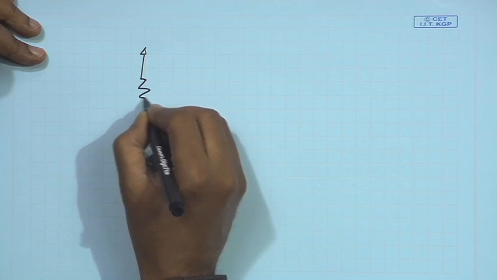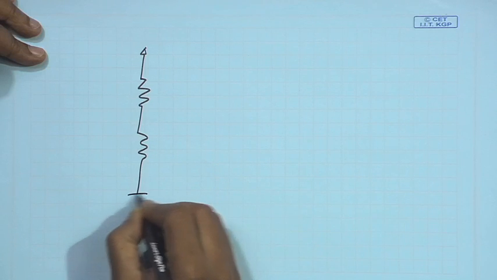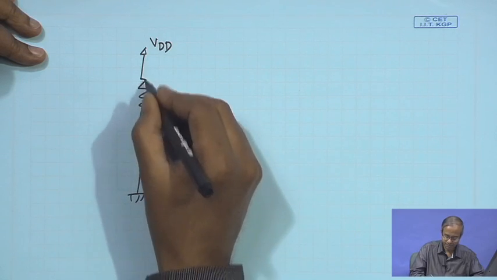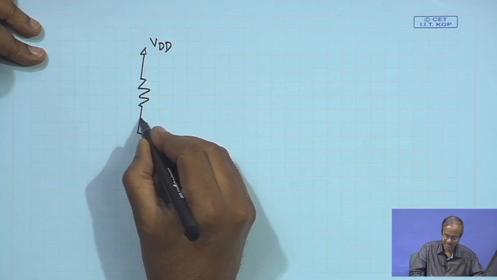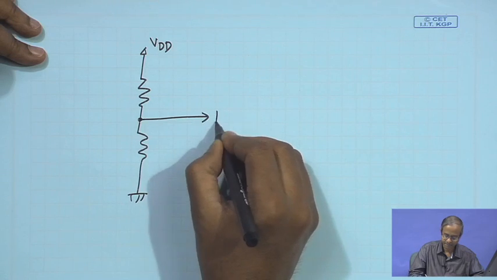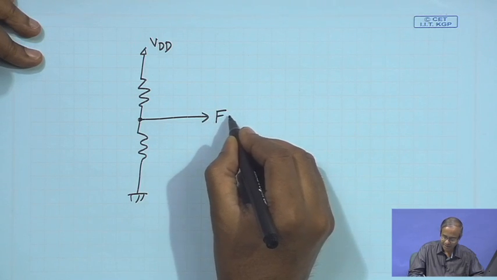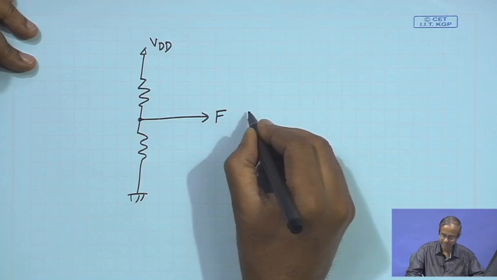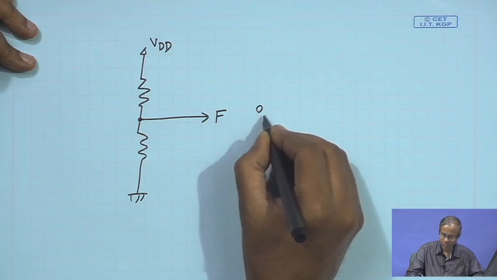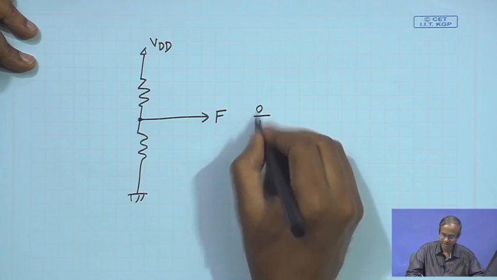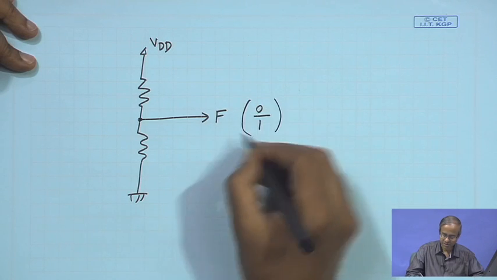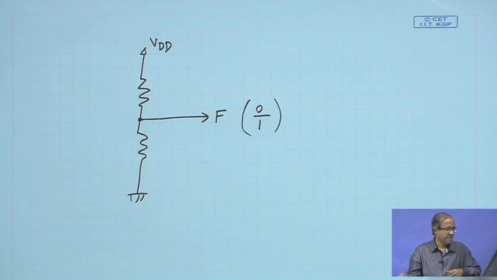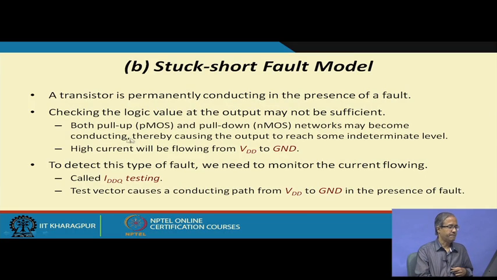So, you have VDD here, this is your pull up conducting resistance, pull down conducting resistance, and you are taking the output from here. Now, this output may be at a voltage between VDD and ground, which may be neither 0 nor 1, it is somewhere in between. So, just by looking at the logic value, you really cannot distinguish, right.